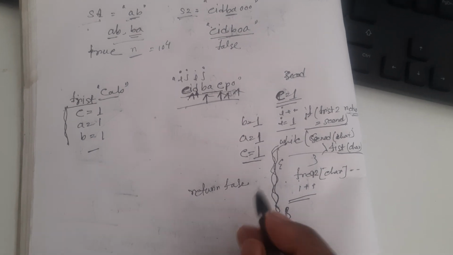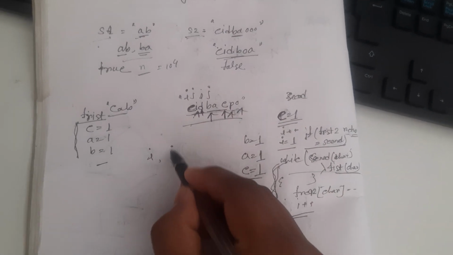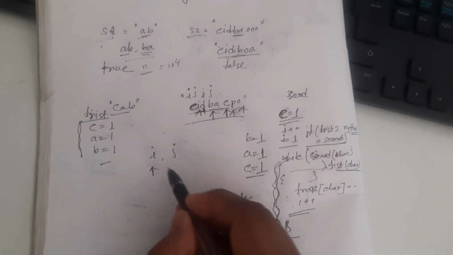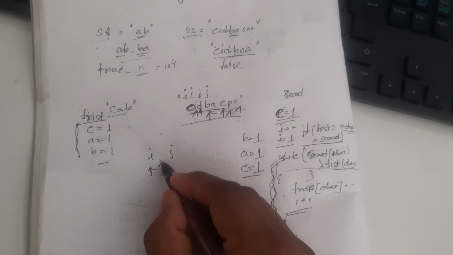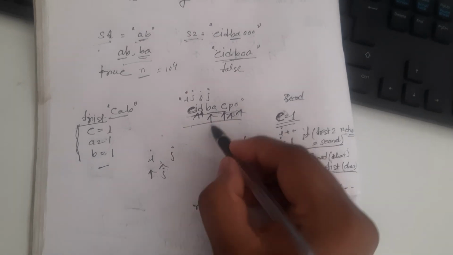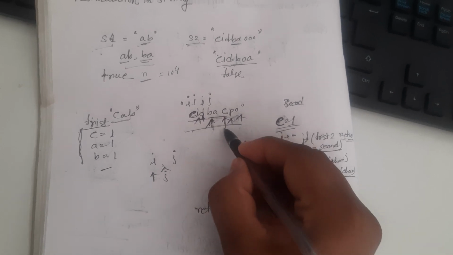This is a kind of sliding window algorithm. Here you need to consider two pointers, i and j, where i is the starting pointer and j is the ending one.